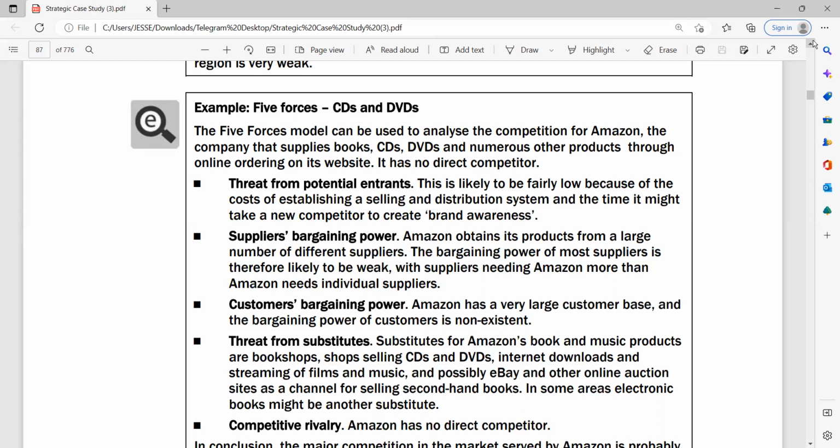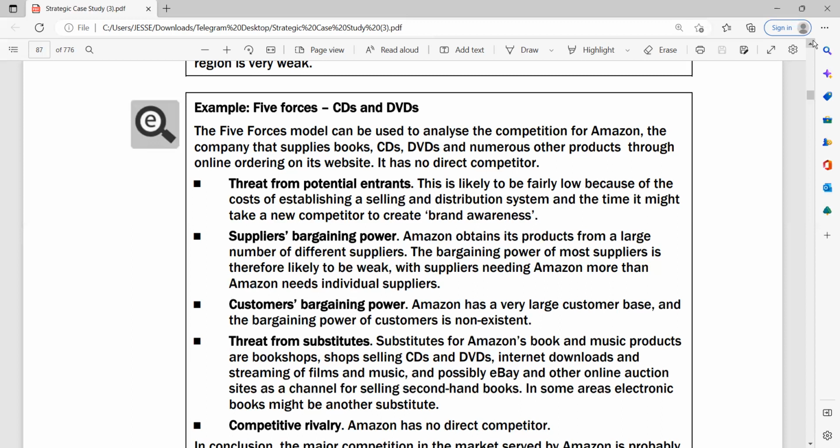So then you have threats from substitutes. What is an alternative to Amazon? An alternative to Amazon would be your retail bookshop or even eBay and other online auction sites, right? Even though these are good alternatives, Amazon stands tall among all of this.